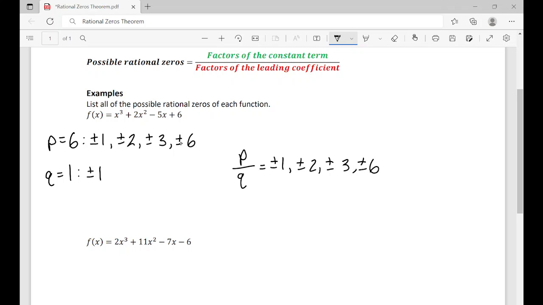So when you divide all of these by 1, you just get them back. So we know that all the possible zeros here are plus minus 1, 2, 3, and 6. And since q has no other factors other than 1, these are all of our possible rational zeros for this polynomial.